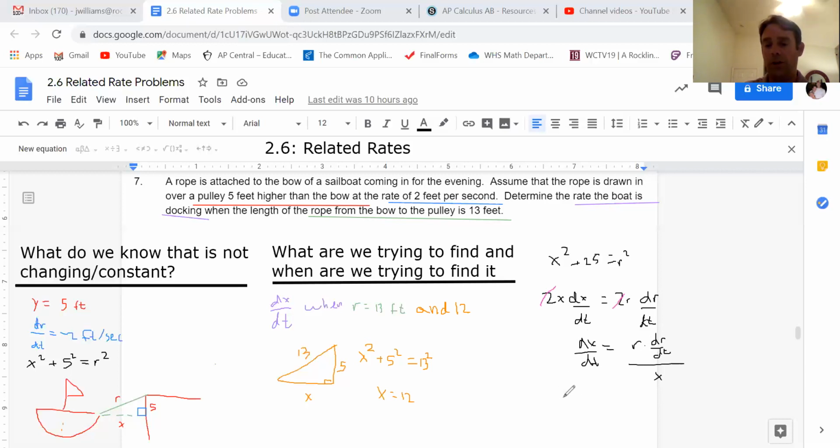So now it's big plug and chug. So we're going to find dx/dt when r is 13 and when x is 12.